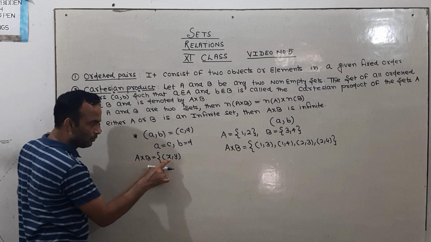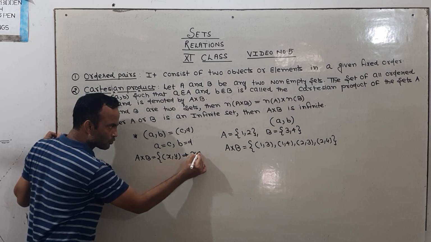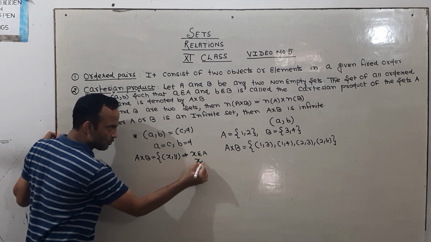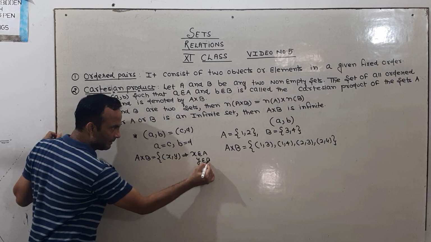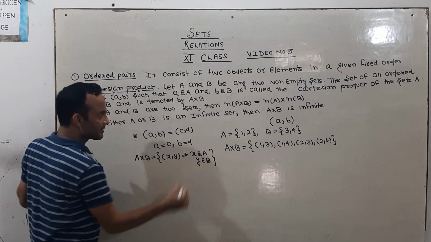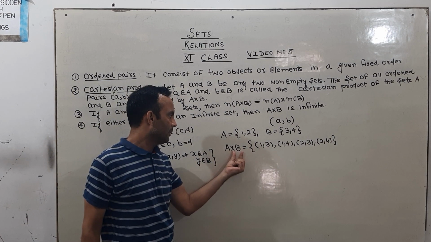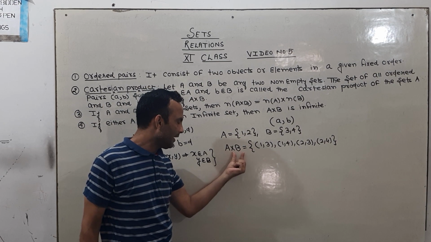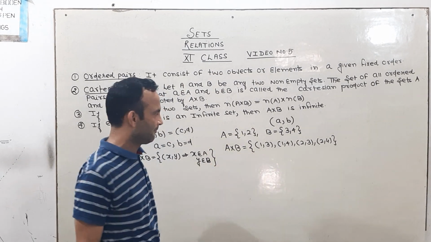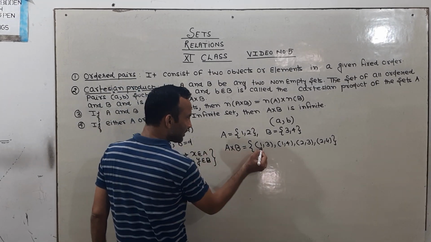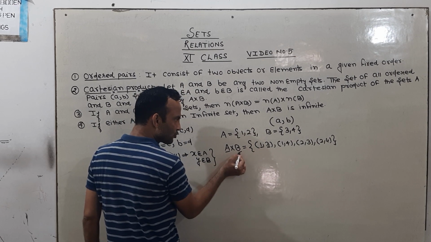If A cross B is equal to (x, y), it implies that x belongs to capital A and y belongs to capital B. It means in case of A cross B, the Cartesian product between A and B is represented by ordered pairs, and the condition is what? The first element belongs to A and the second element belongs to B.